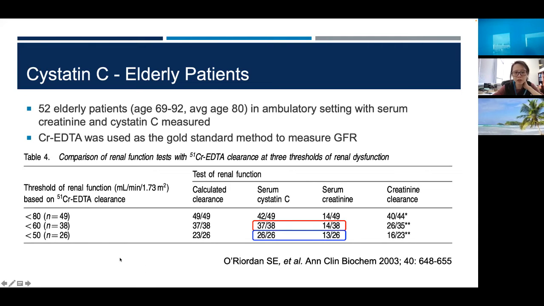For patients whose GFR was less than 50, serum cystatin C detected all 26 with renal dysfunction based on the measured GFR, versus serum creatinine picking up only half. So compared to serum creatinine, serum cystatin C performed much better in detecting renal dysfunction in elderly patients with eGFR less than 60 and less than 50. Perhaps this is a more sensitive screening test to detect mild renal dysfunction in our elderly patient population.